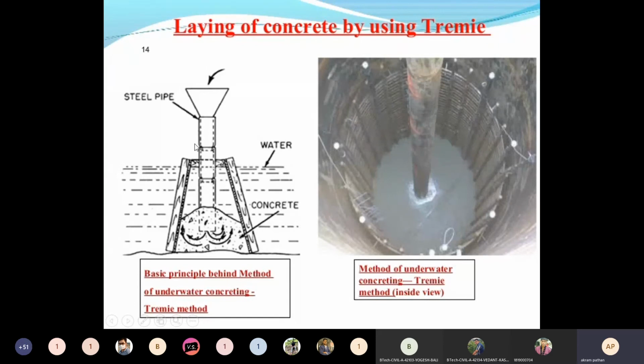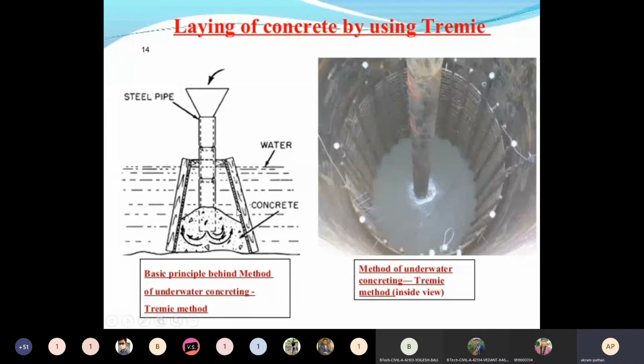So we can join a number of pipes up to the bottom, where you want to construct your bridge piers. Then a funnel is provided at the top of the pipe. This is a funnel. You can pour the concrete from this.